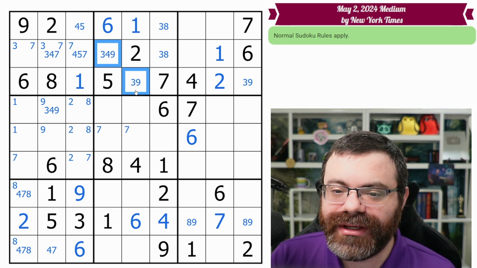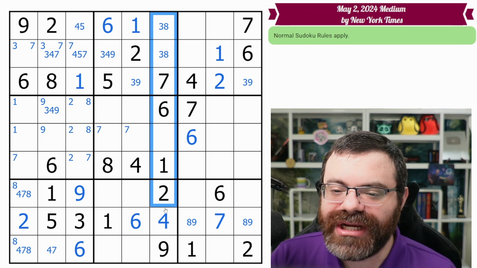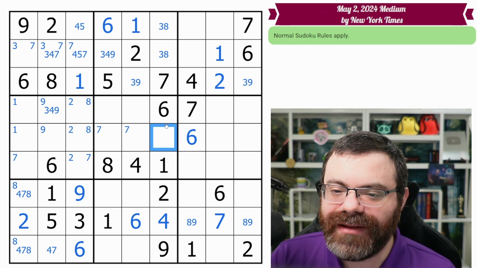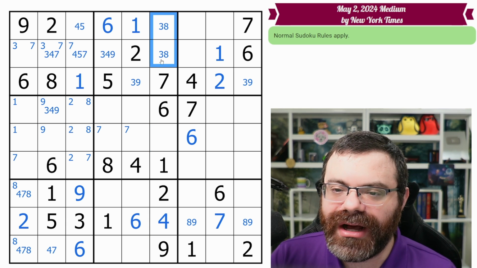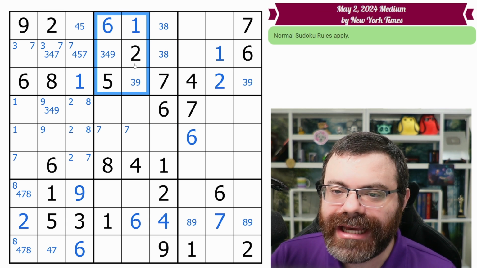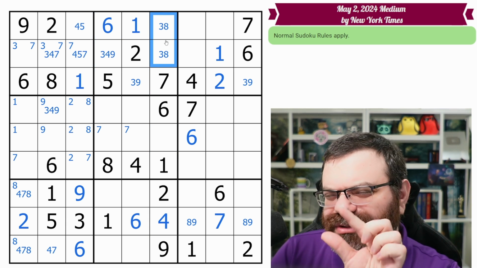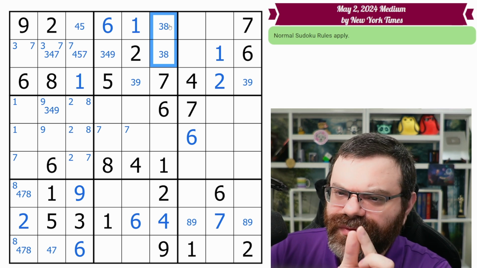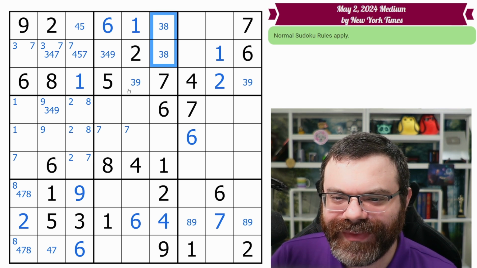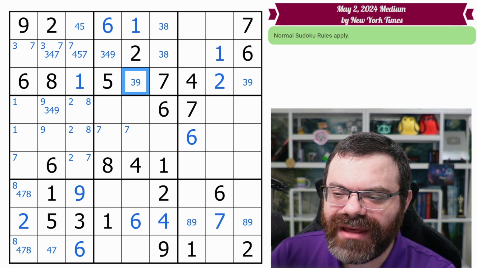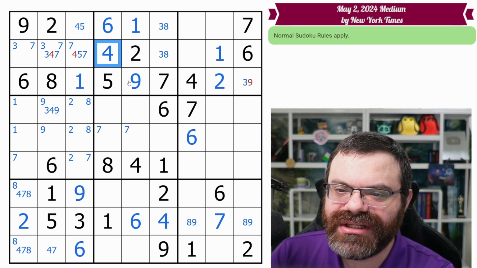And how could this be 3? And how could this be 3? Right? They share a column, so the rest of the column can't be 3, 8, and they share a box, so the rest of the box can't be 3, 8, because the 3, 8 go here. If you kind of squint, maybe you'll think, well, one of them is 3, one of them's 8, right? So this can't be 3, this can't be 3. And so now we have a naked single 9 and a naked single 4. So that's another way you could see that.